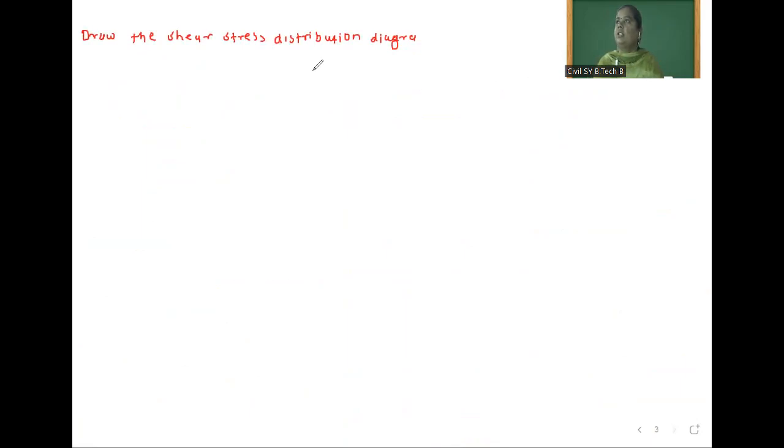Okay, draw the shear stress distribution diagram for the T section shown in the figure below.